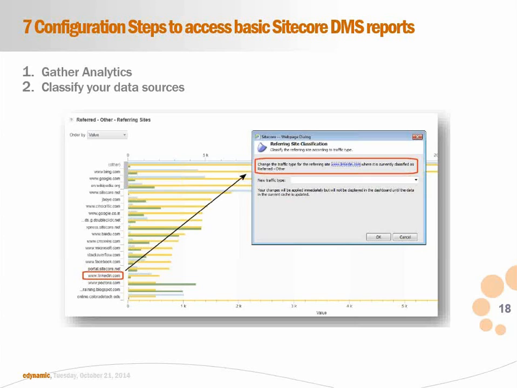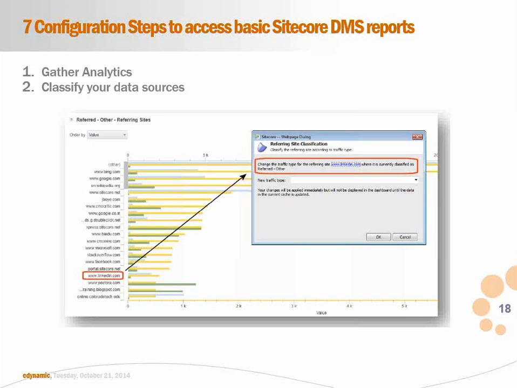I have heard several smart marketers get hung up on this stage. You would be surprised how often we have heard, I do not see data in my Sitecore dashboard. So step one is to find the data, start that data collection, and configure the analytics database and DMS for Sitecore.